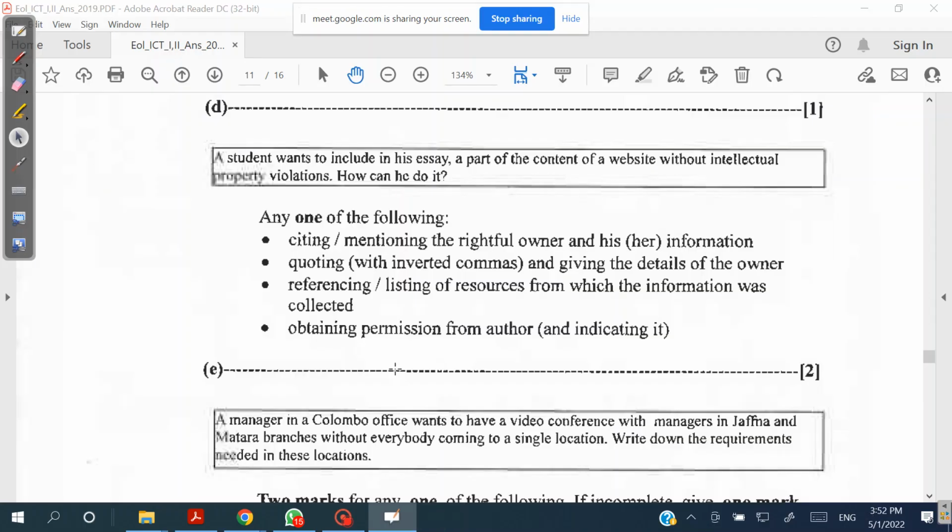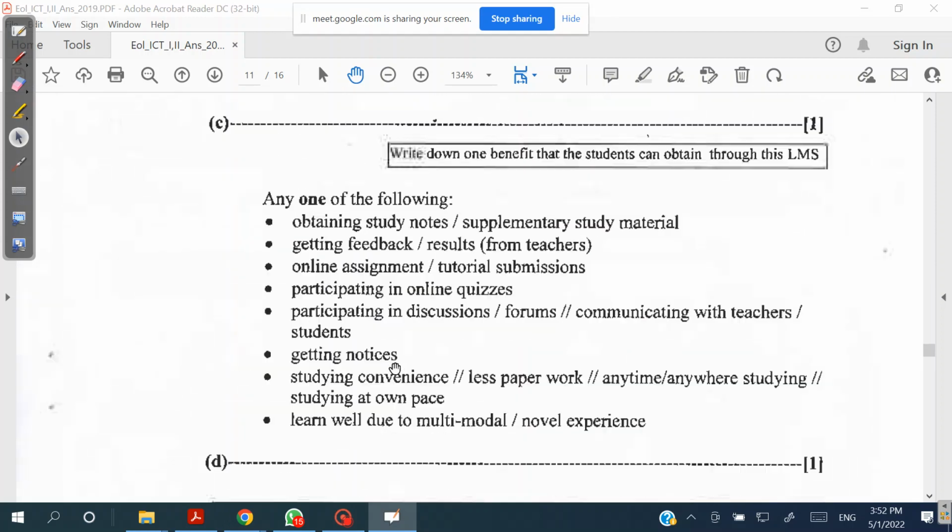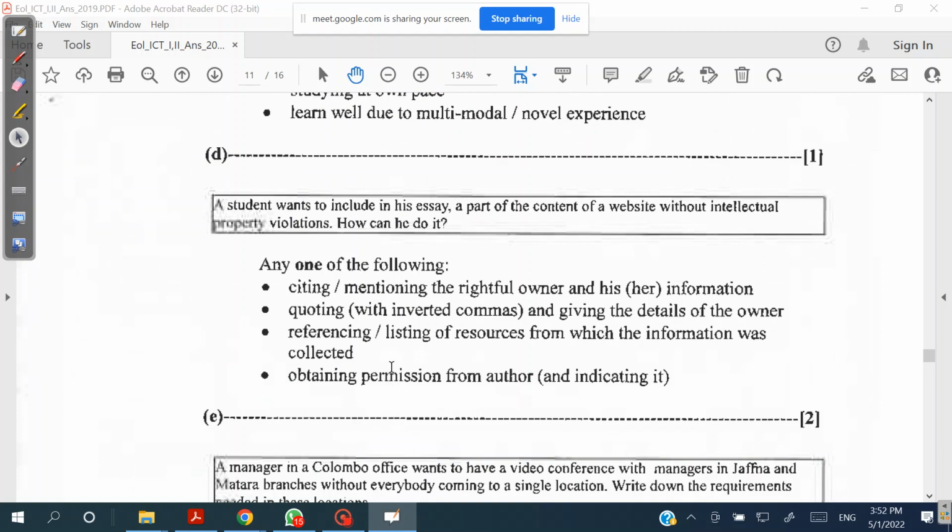In the marking scheme, this is going to be the part D. You can do cite in, that means mentioning the rightful owner and his or her information, or quote in with inverted commas and give the details of the owner, right?